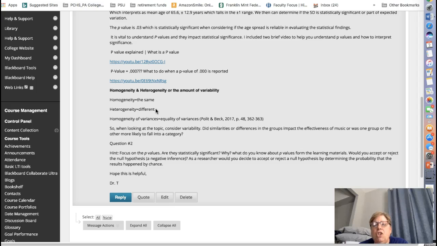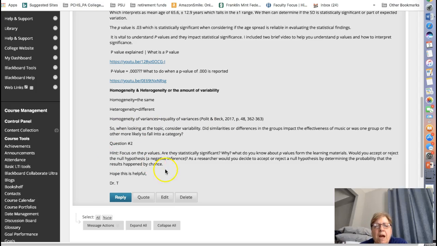But in any event, you want to look at variability. Then, looking at the similarities or differences among the groups, you want to determine whether there was variability, and how that variability falls into the statistical significance of the findings. That is what you're expected to do, know, and discuss in question 1.